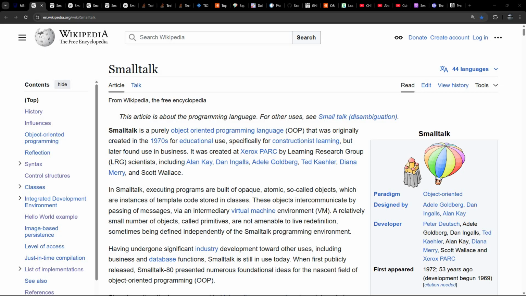Well, first up, it has pure object-oriented principles. So if you want to learn object-oriented programming without getting sidetracked, and without any distractions, then Smalltalk is pure object-oriented.